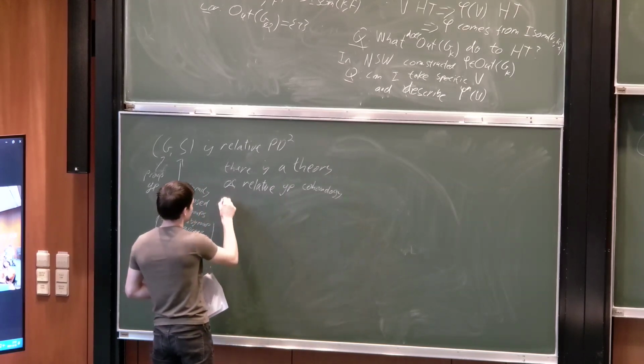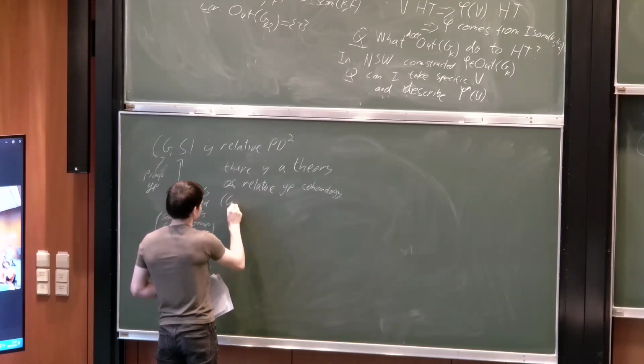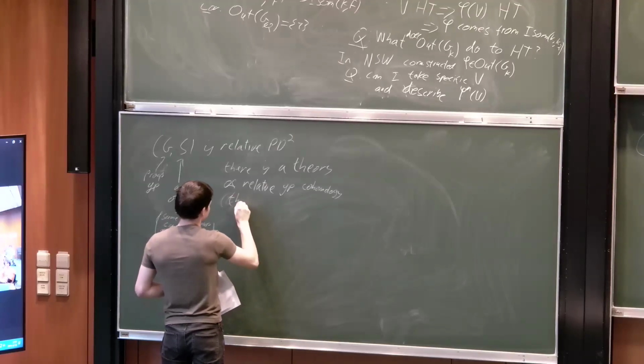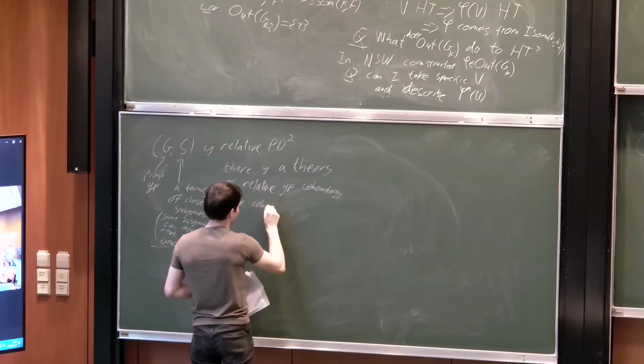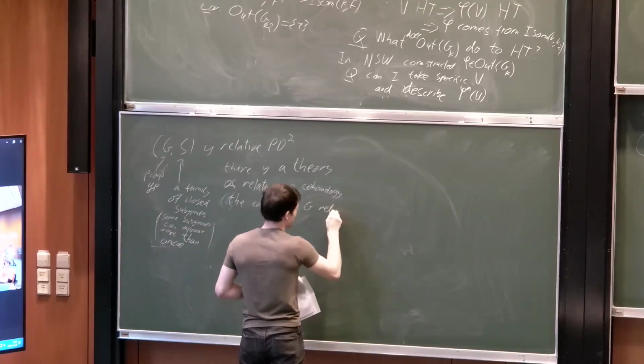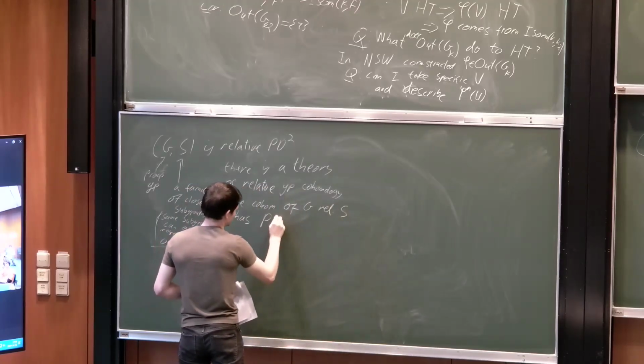And we want G relative to S to be a Poincaré duality group.